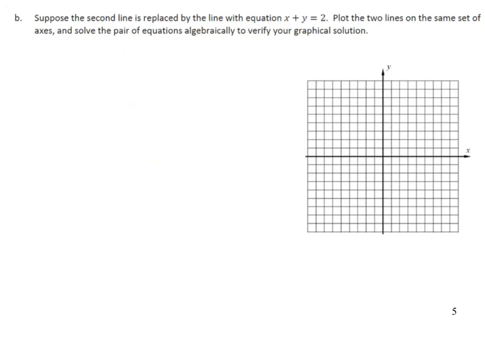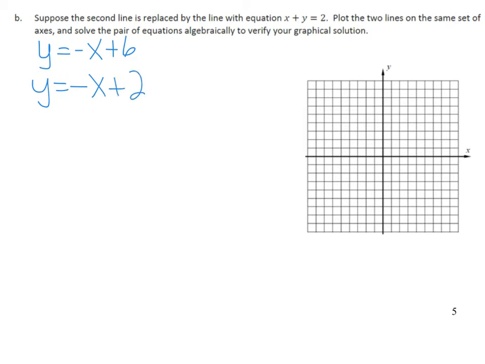In part B, it's asking you to graph the second line as x plus y is equal to 2. Let me just rewrite our first line. We had the equation y equals negative x plus 6. And my second equation, again just rewriting it so that it looks like y equals mx plus b, will become y equals negative x plus 2.